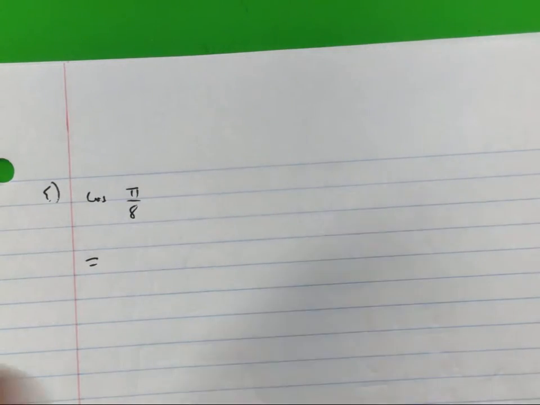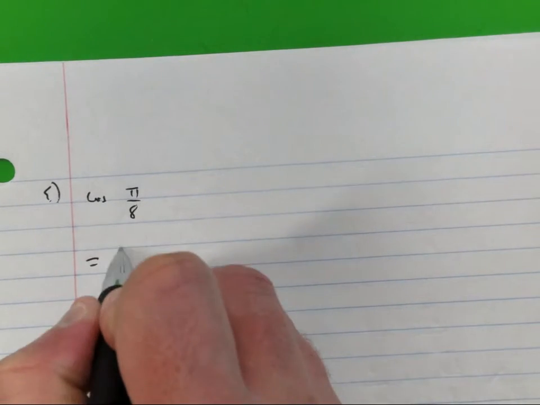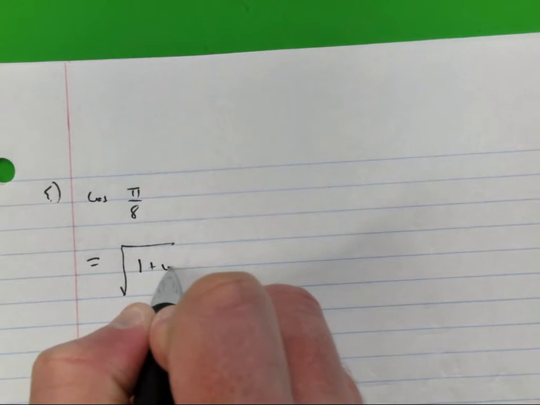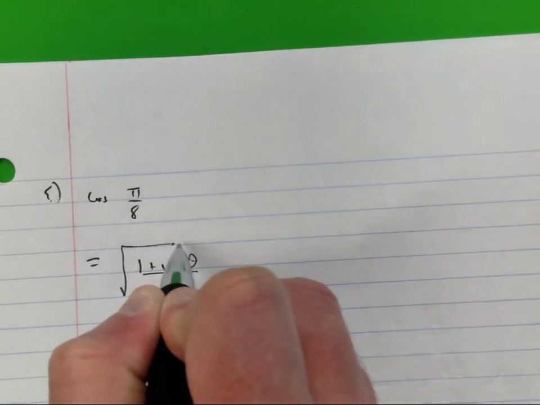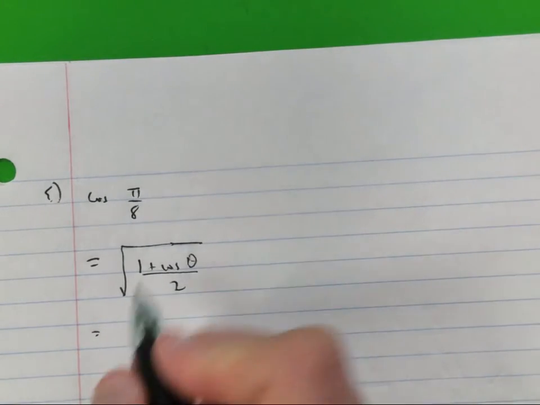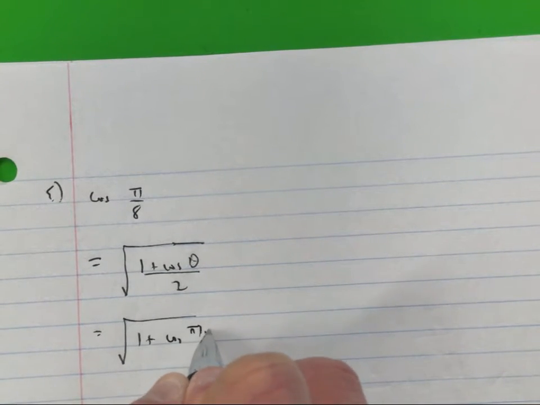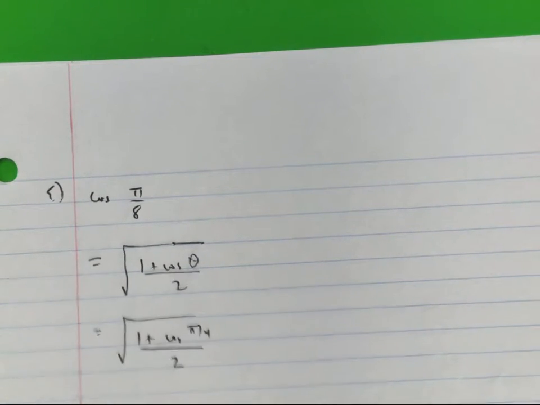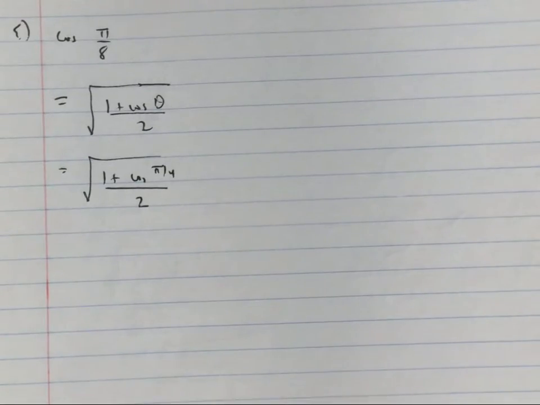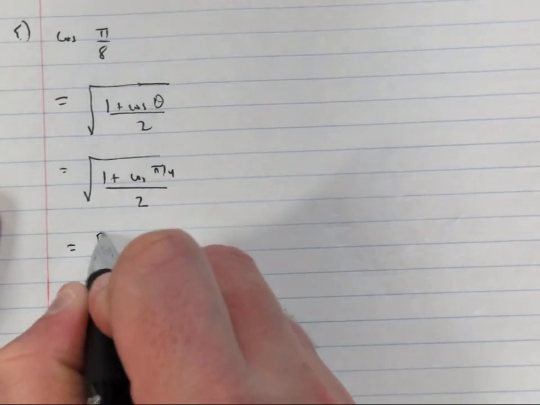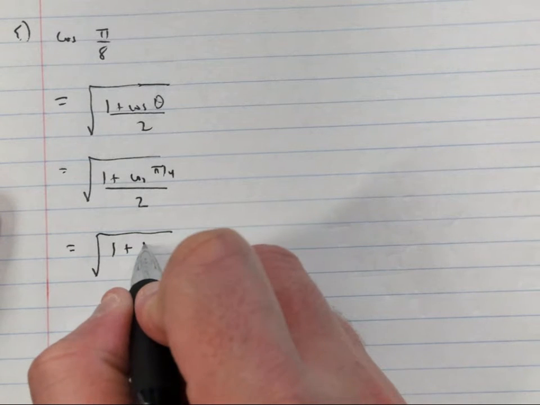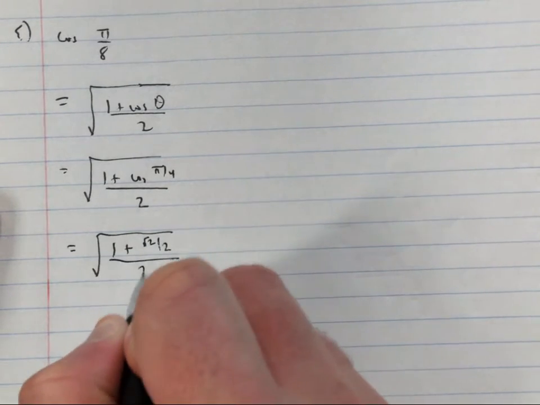Now, pi over 8, what quadrant would that be in? 1, so I'm going to go with the positive. The square root of 1 plus cosine of pi over 4, over 2. Cosine of pi over 4 is square root of 2 over 2.